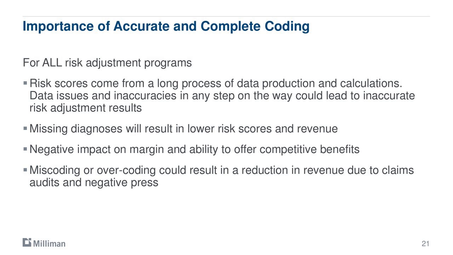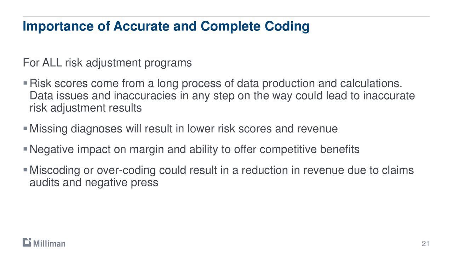So for all risk adjustment programs, whether it's Medicare Advantage or Medicaid managed care or ACOs of any kind, I think it's important to know that risk scores come from a very long production of data and calculations, and this system is fairly complex and takes time.